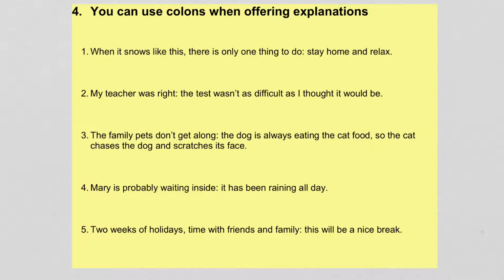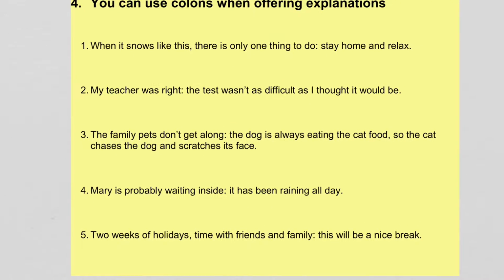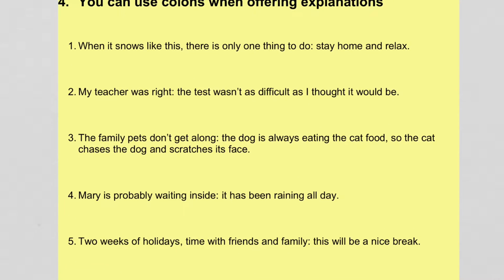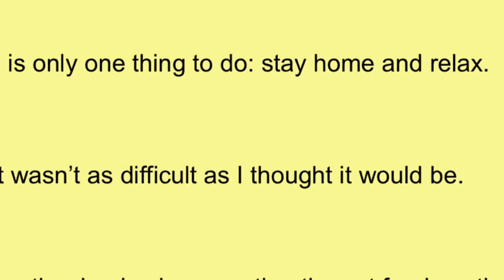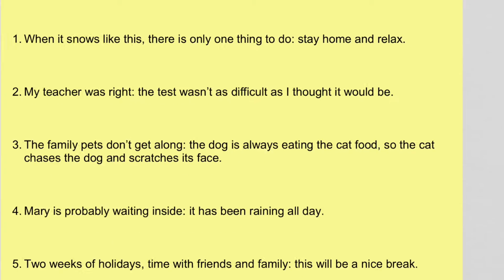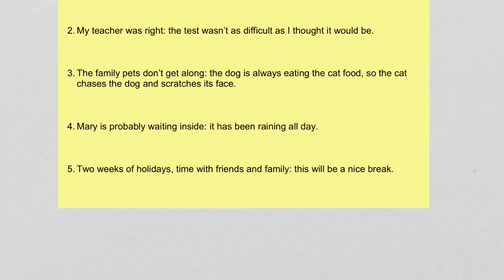With number 1, the situation is that maybe there was a big snowfall, and you use this colon to tell people what they should do because of it, right? In number 2, maybe you were nervous to write a test, right?